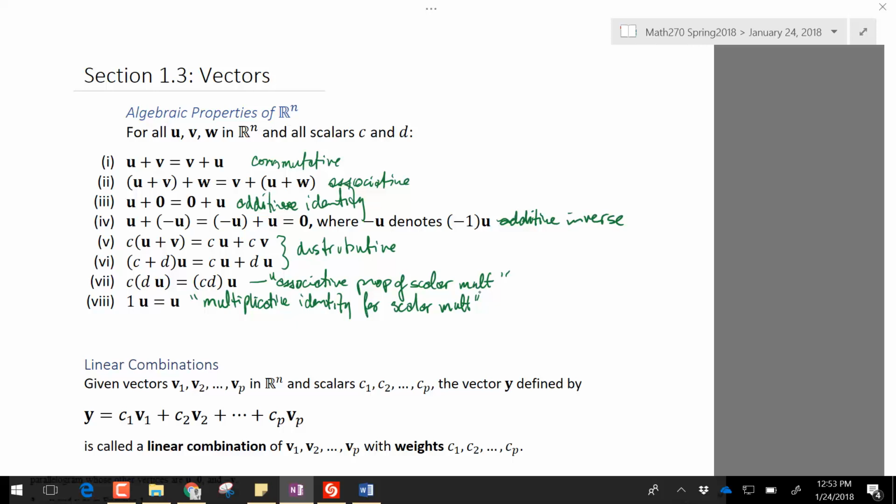Notice the one is not a boldface one, it's a scalar one, and that's important to identify. So you have to look at these things and make sure you know that what you're dealing with is a scalar or a vector. Generally, we don't make one into a vector unless you have something special in mind, like a whole vector full of ones or something.